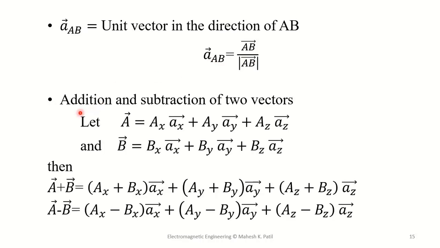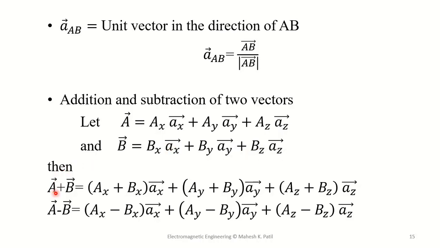If two vectors are given, we can do the addition of these two vectors as well as the subtraction. Let A bar equal AX ax bar plus AY ay bar plus AZ az bar, and B bar equal BX ax bar plus BY ay bar plus BZ az bar.